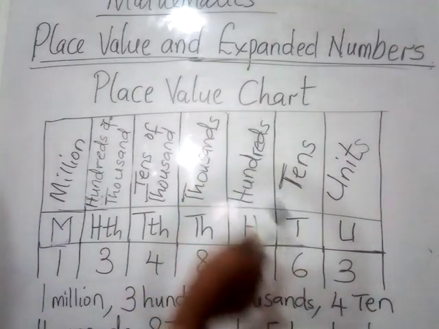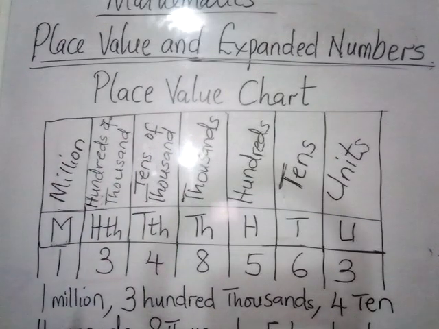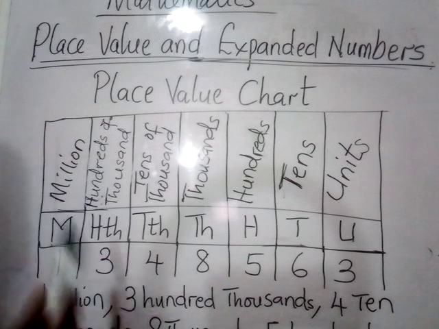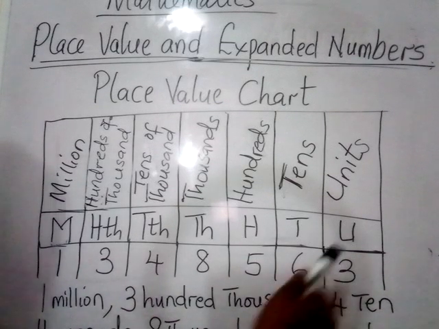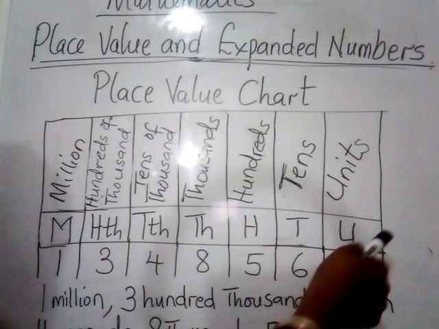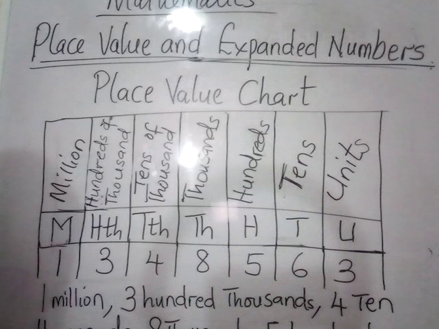So as it keeps moving by each step, you keep multiplying by multiples of 10 to the next level. So here are the symbols or the letters that are used to show these different positions.